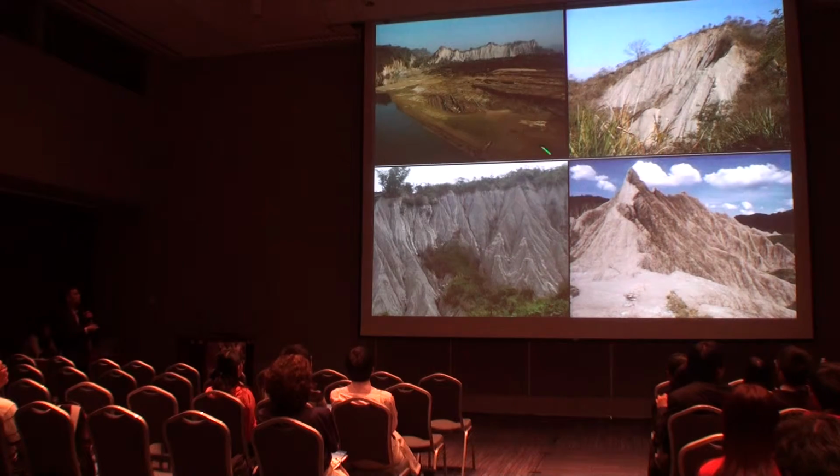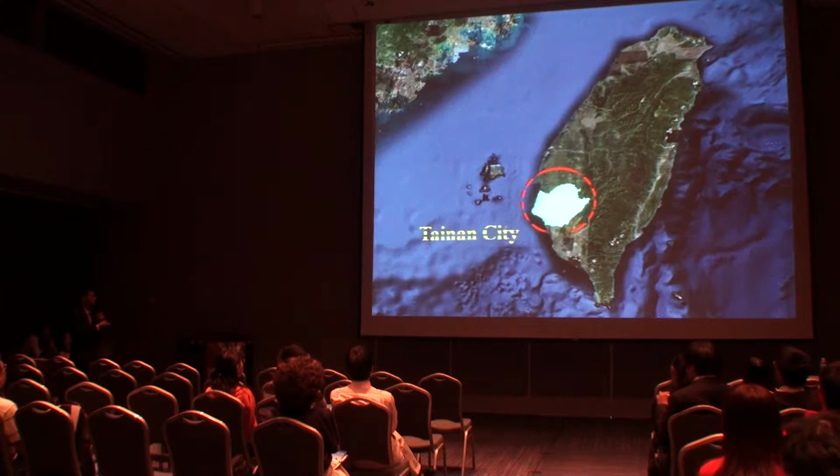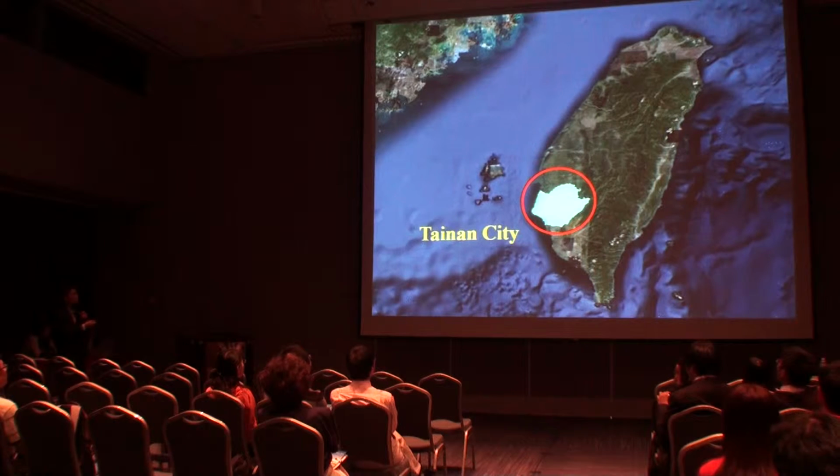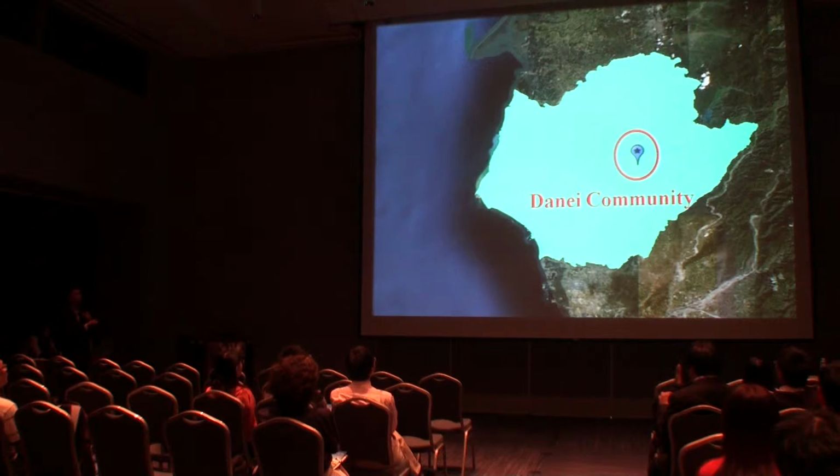These pictures are the spectacular landscapes in Dane community. Some of these mountains have special terrain. This is Tainan City, located in southern Taiwan, and this is Dane community. It's inside the city.